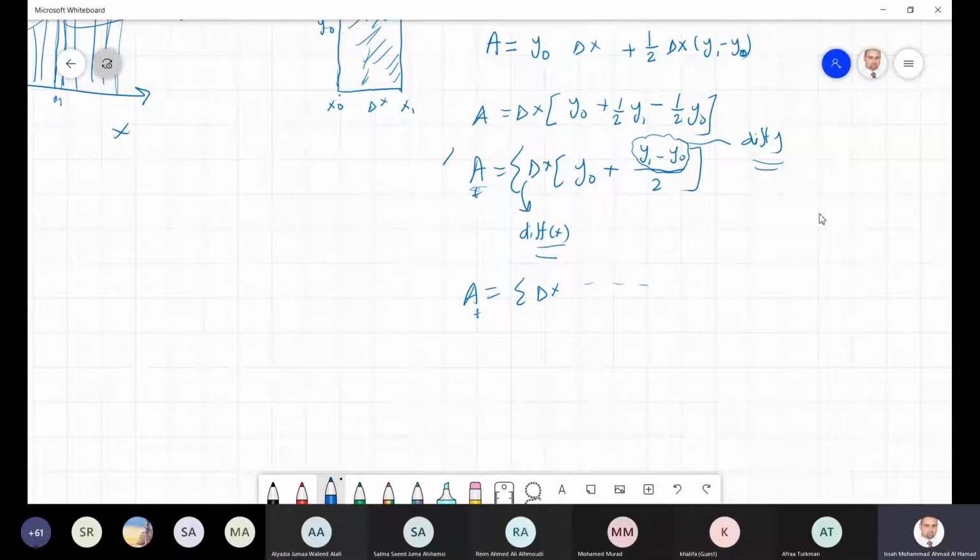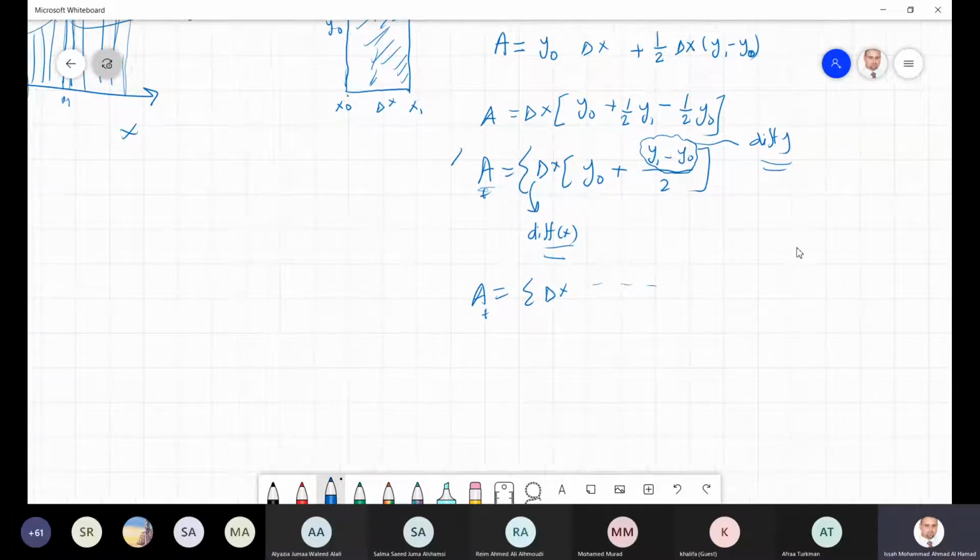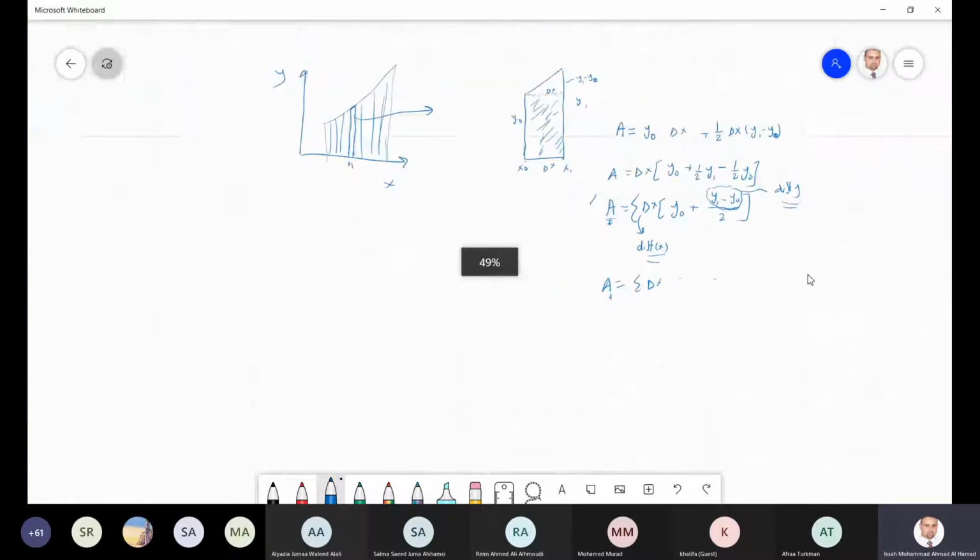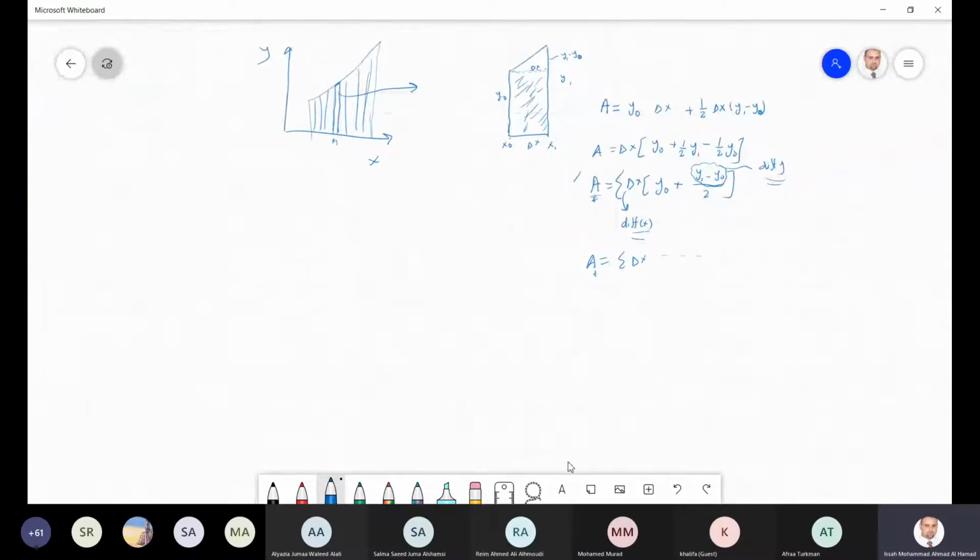Clear? Okay. Let's go back to Matlab and see how we can write a code to reflect this. This is called the trapezoidal rule.